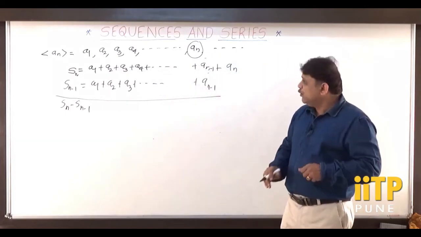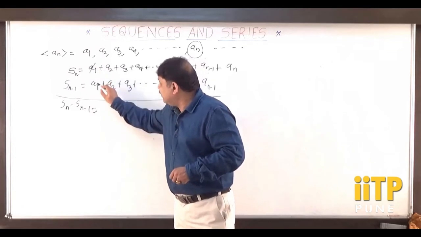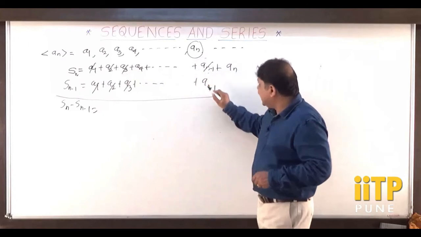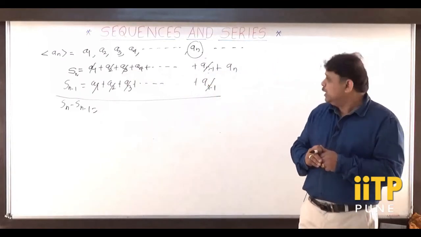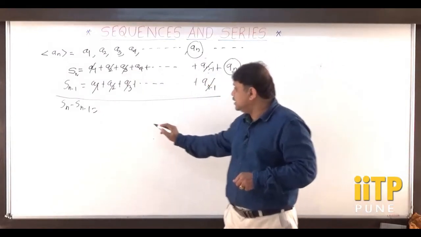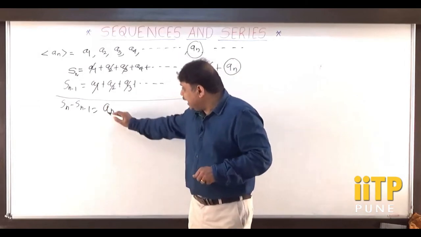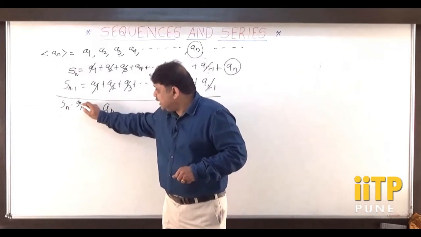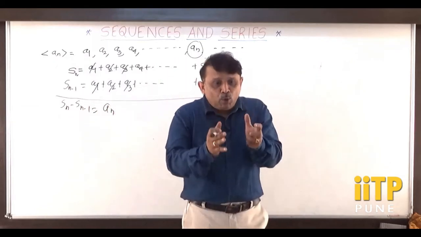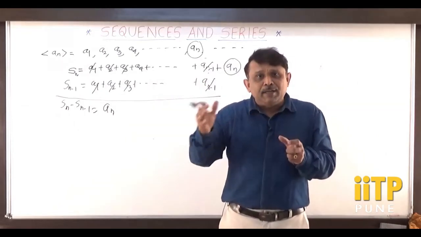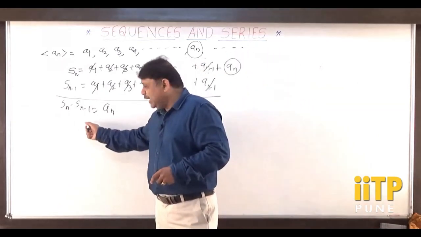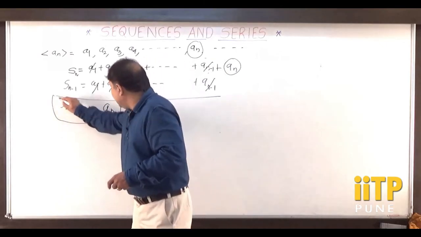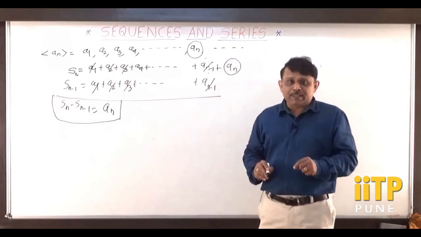a(n-1). So if I take the subtraction, what will happen? a1 is cancelled. a2 is cancelled. a3 is cancelled. Likewise, a(n-1) is cancelled. What is left is just this: an. So the nth term of the sequence is given by Sn minus S(n-1). If you know the sum of the first n terms, then by taking the difference of Sn and S(n-1), you get an, the nth term of the sequence.